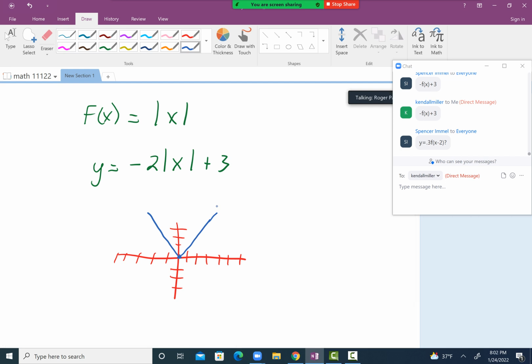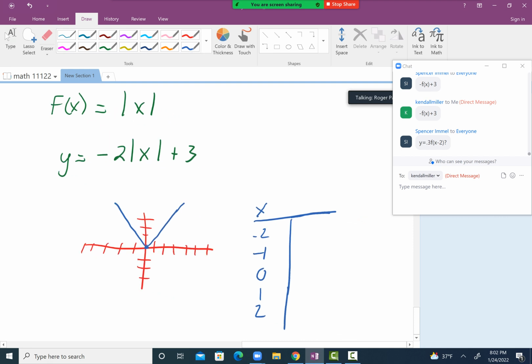So what we're going to do is graph the transformation. Now, if I was you, I would wait a little bit, watch what I do, and then go from there. I'm going to go -2, -1, 0, 1, 2, and put that in here. These are my x's.